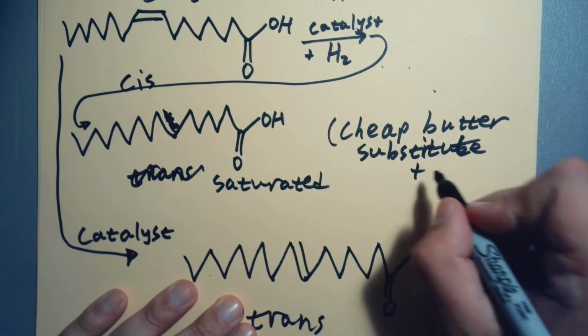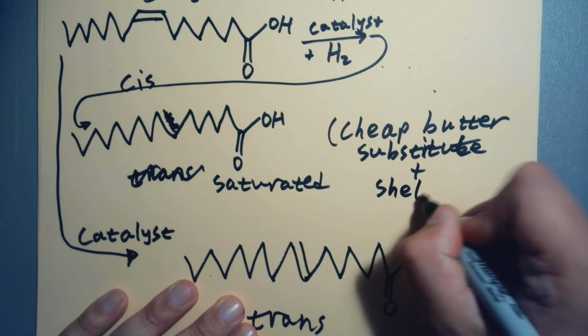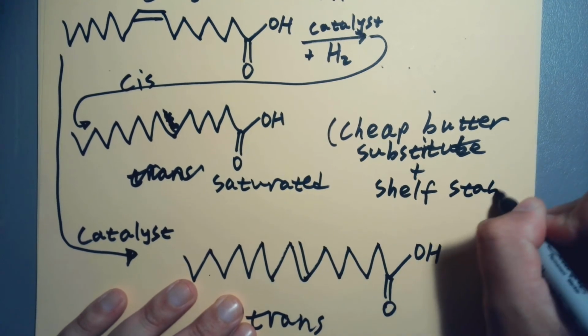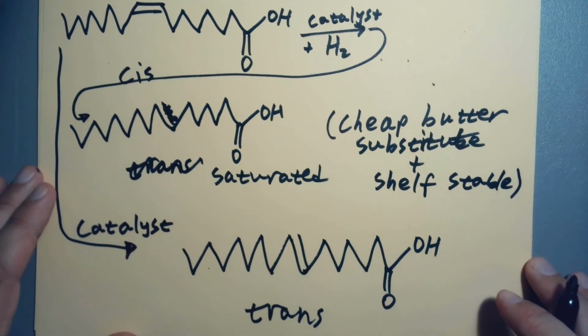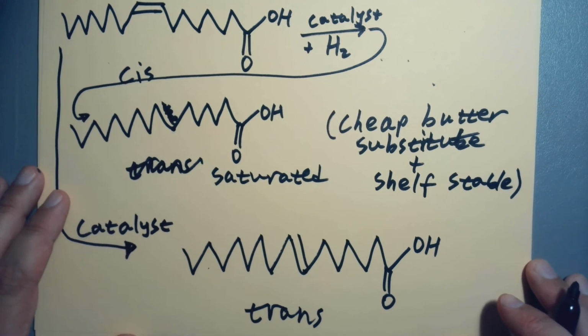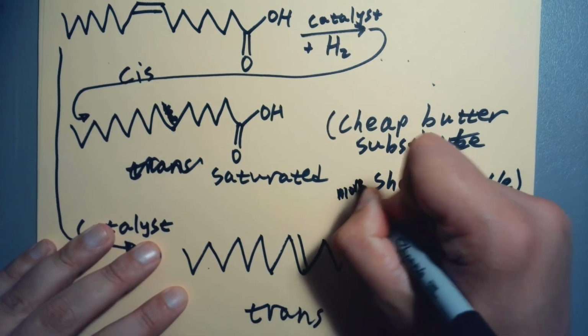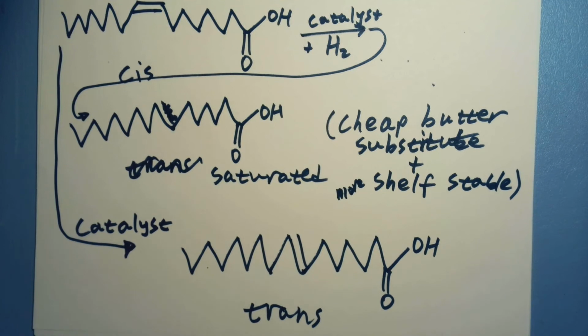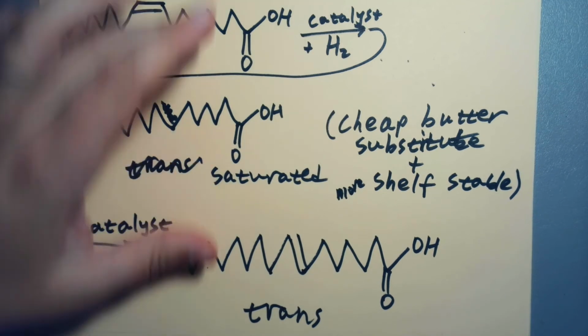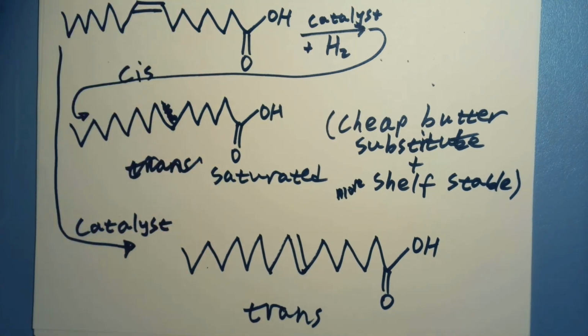Plus, it's more shelf stable, typically, than butter. It doesn't have all the other dairy stuff in it. It's just an oil. So, you do this with triglycerides, you get a cheap butter substitute. How could you lose, right?